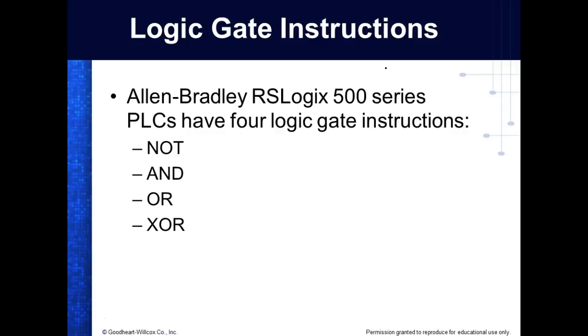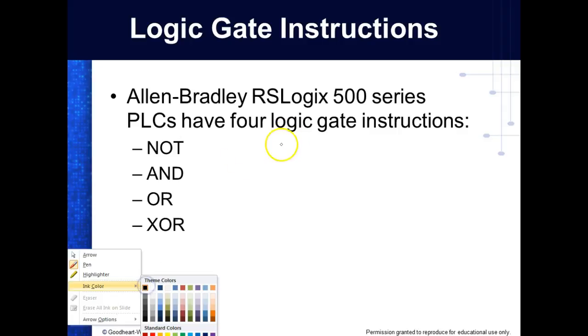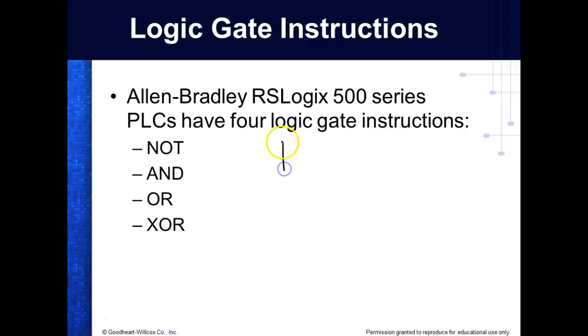But what's the AND? The logic symbol looks like the letter D, uppercase D. But when we look at this symbol, we're going to say all highs equal a high.